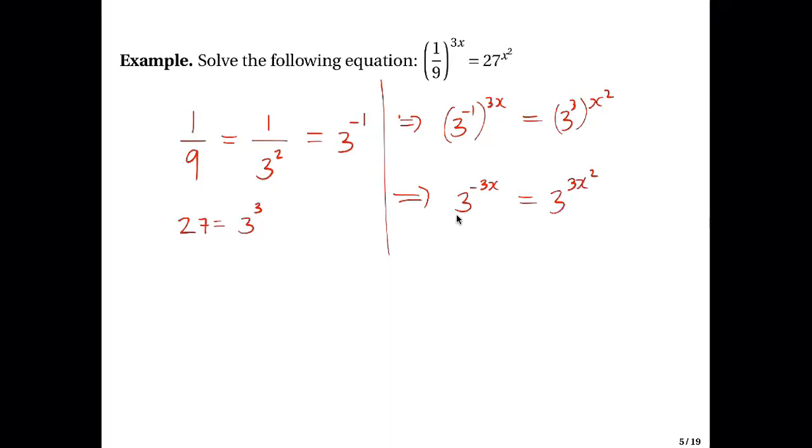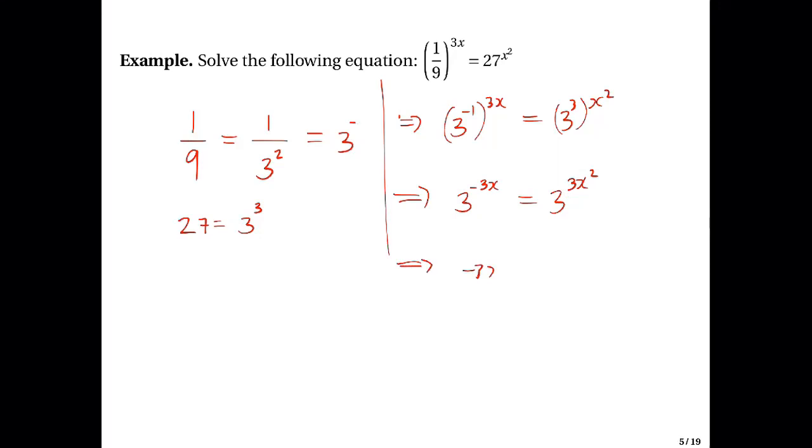So now we have a common base. Okay? So we can now equate the exponents. Sorry, this should have been 3 raised to negative 2, not negative 1. Okay?